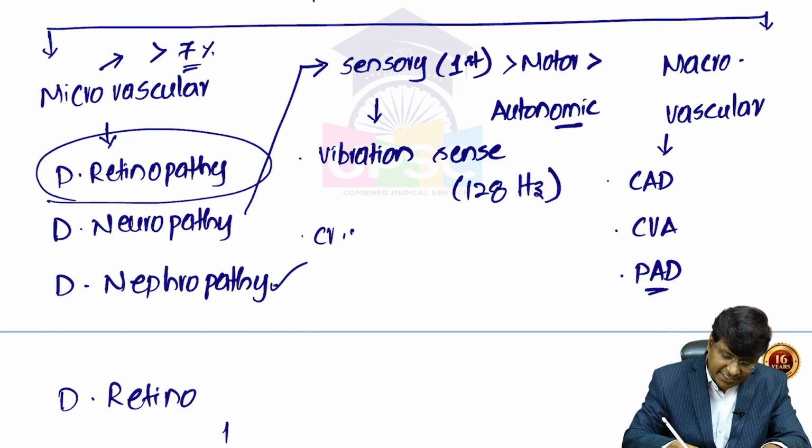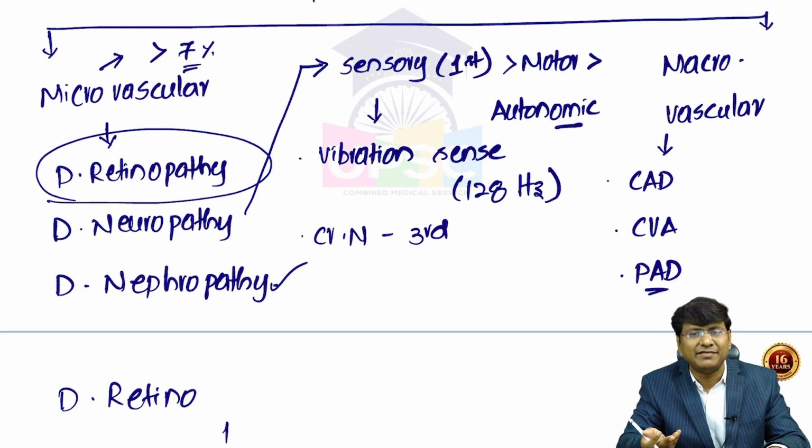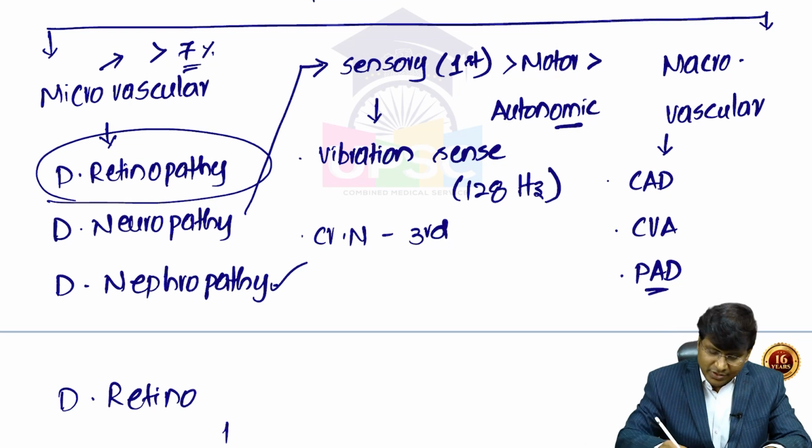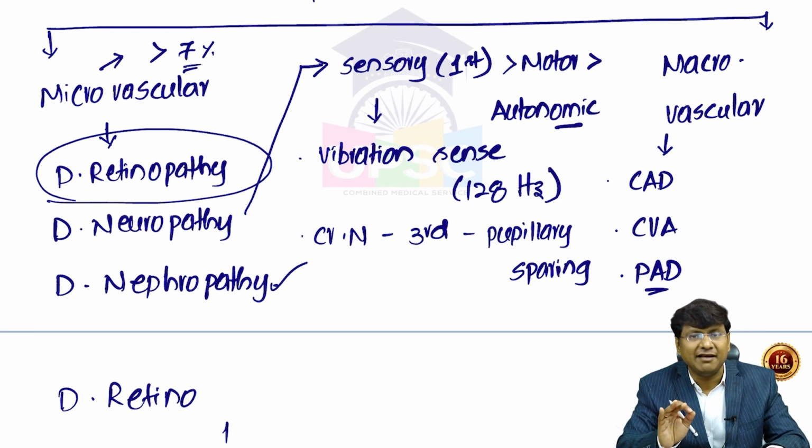The cranial nerve affected first is the third cranial nerve, followed by the seventh nerve. Even though there is third cranial nerve involvement, these patients will have pupillary sparing, right?